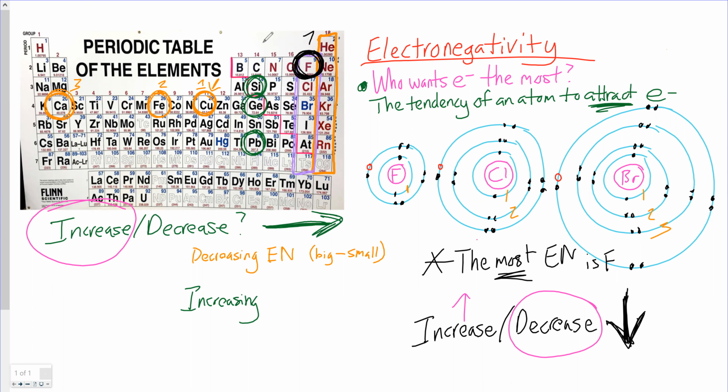I'm sorry, I didn't tell you, I usually write EN for electronegativity just because I'm lazy. Increasing electronegativity, so don't say it out loud yet. Let's throw them in the chat, and once I see your answers, we can get ready to log off. So list these in order of increasing electronegativity.